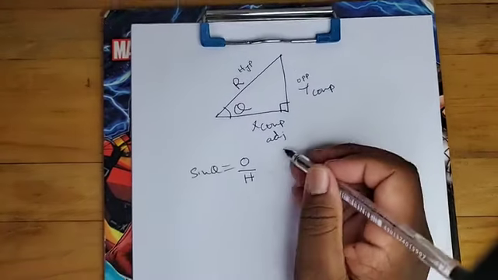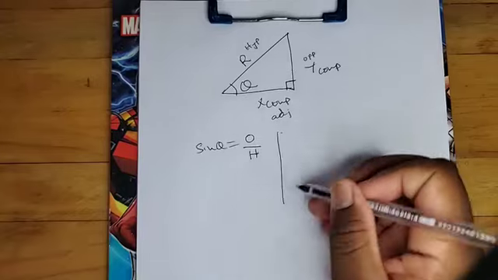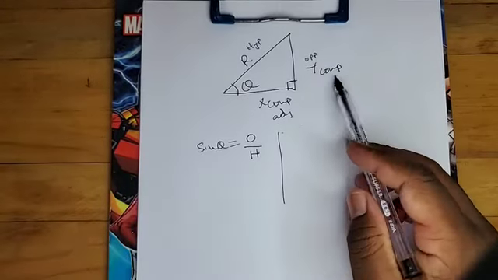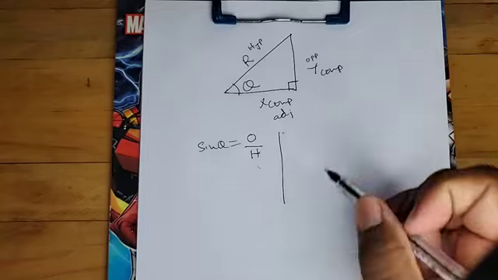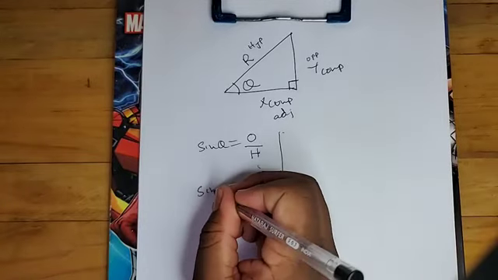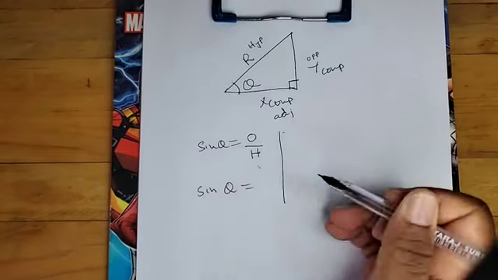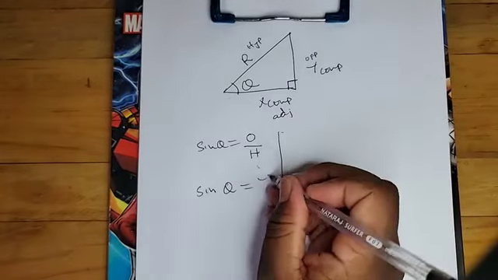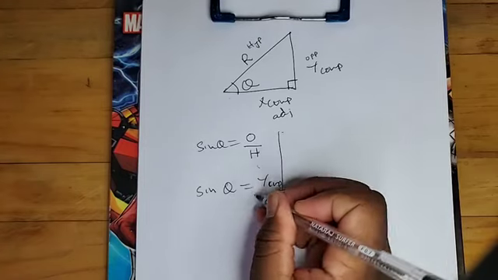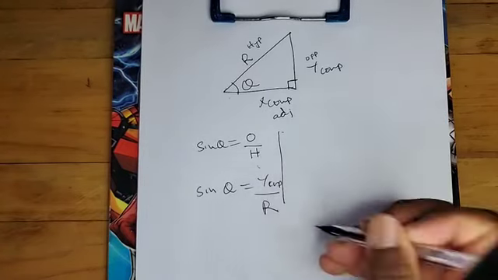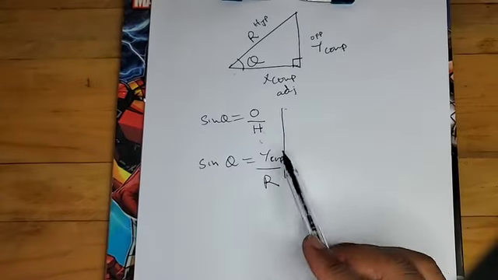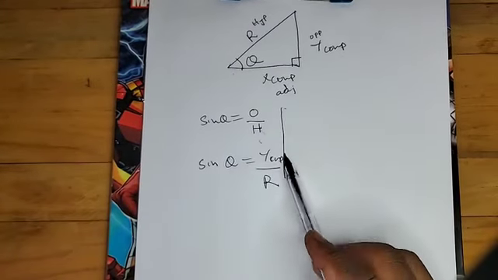I plug into sine: the opposite is the y component, the hypotenuse is this resultant r. So sine theta is equal to y component divided by r. All we have to do now is make the y component the subject.